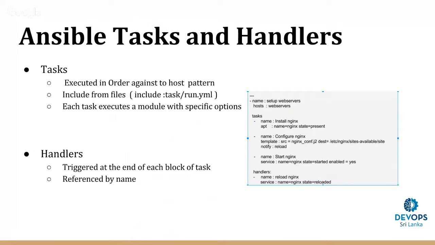Let's say in the continuous integration process, you are running your playbooks or your automation tools every time. If you change something in the code, you have to run it to apply it to the particular servers. In Ansible, if you run the same playbook the first time, second time and third time, it does not run every task every time.